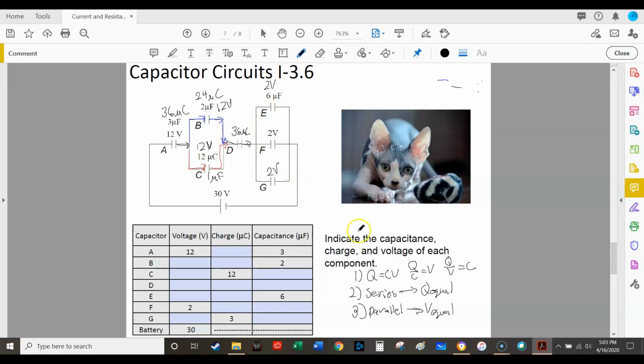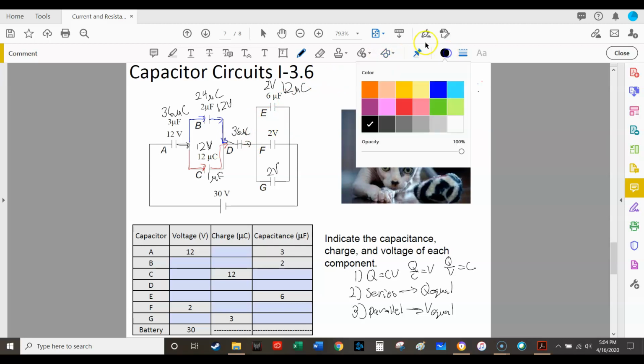And now I have a microfarad, and I have a voltage up here in E. Well, 6 microfarads and 2 volts, that's going to be 12 microcoulombs, right? Well, I'm going to use a different color.